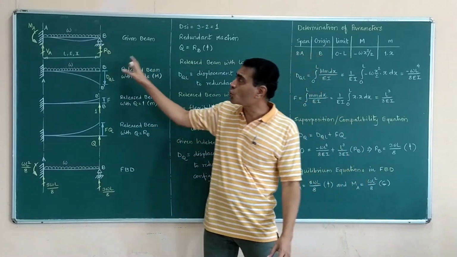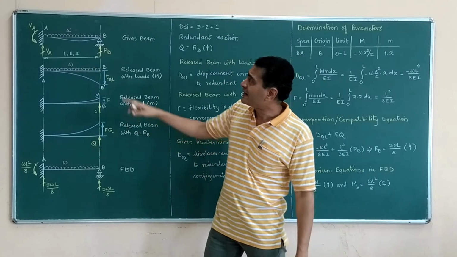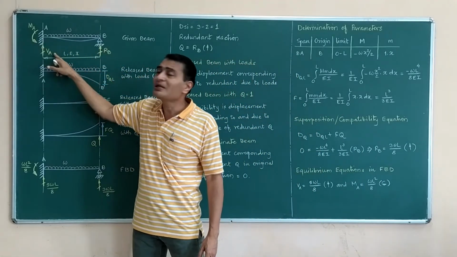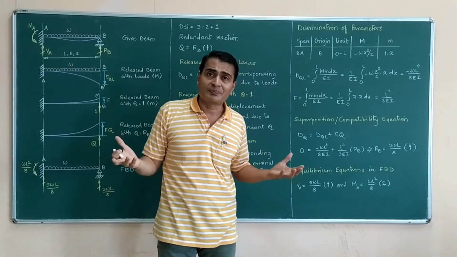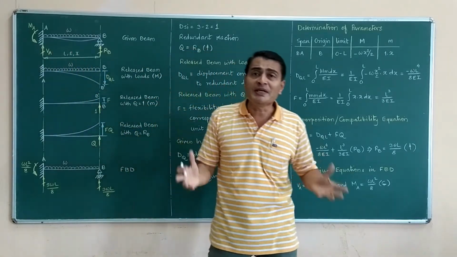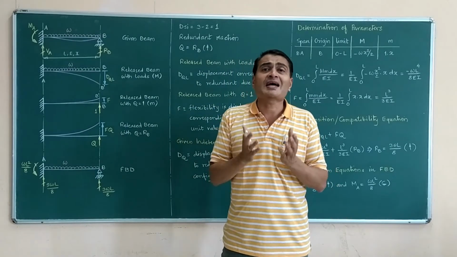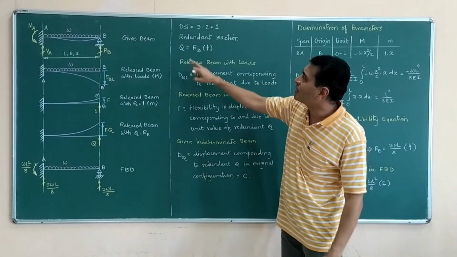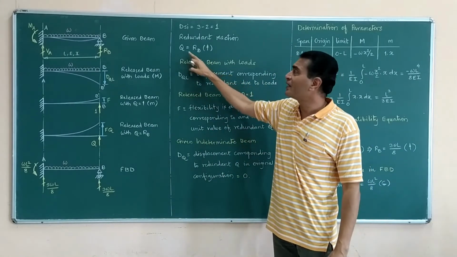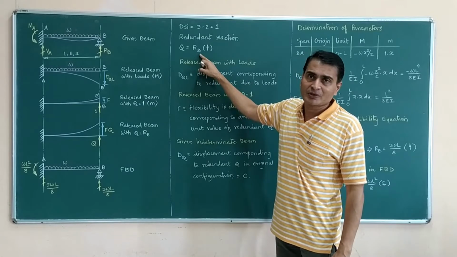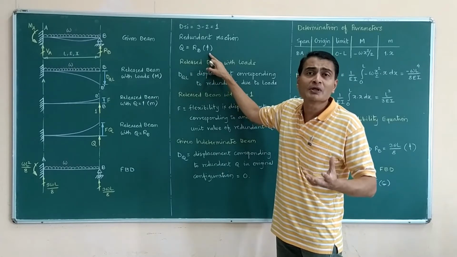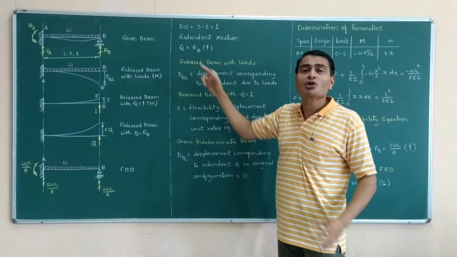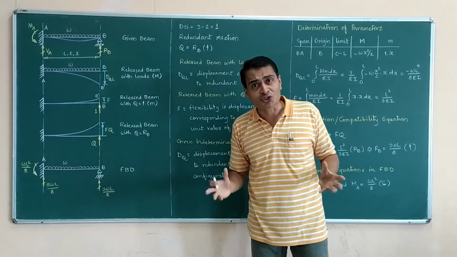Frankly speaking, the choice is with us. MA, VA, RB, any one I can assume as redundant. So let's say for analyzing this problem, I am assuming my redundant to be RB, vertically upwards, presumably positive. Q is the notation we are using for redundant reactions.